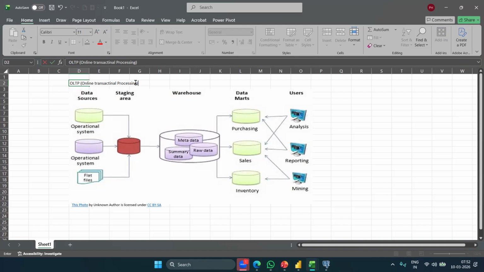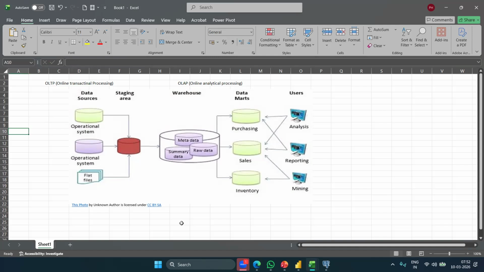Similarly, the systems used for analysis or analytical purposes, we call OLAP, online analytical processing. Okay, this is all about OLAP and OLTP. These are some naming terminologies used for easily understanding the things, right?